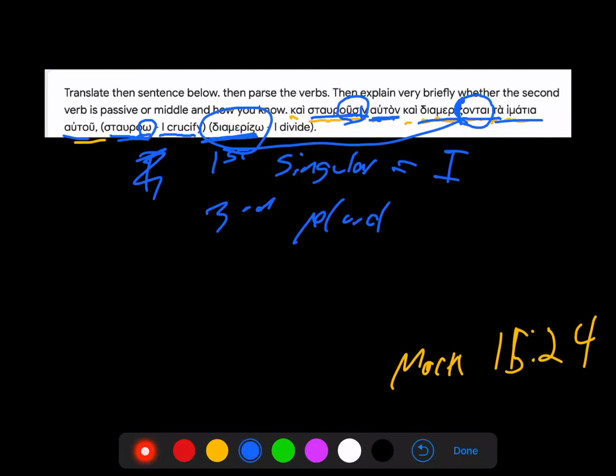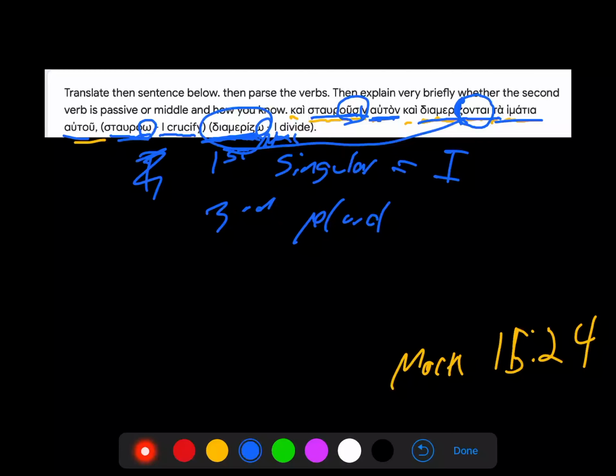And here's the entry. It's diamerizo. If it was only ever in the middle or passive, then it would have the mi ending, which it does not. So the omega ending here in the dictionary tells us that this word is used in the active sense, right?